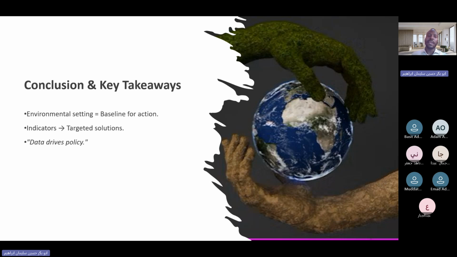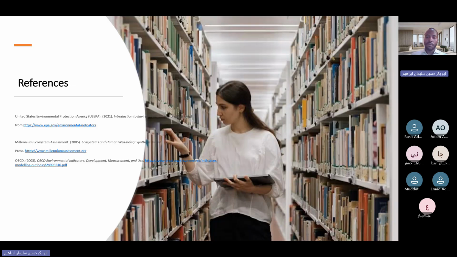Last point, data drives the policy. When we collect the monitoring data, that can help us be on the right way and give us good information, then we can take a good decision or policy. This is the conclusion of our lecture.